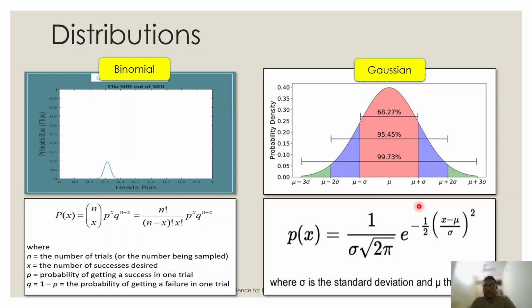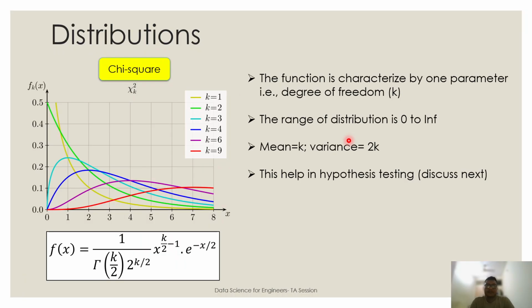This is the formula where the parameters mu, the mean, and the standard deviation represent the parameters of the Gaussian distribution. The chi-square distribution is another distribution. Its function is characterized by one parameter, the degrees of freedom.